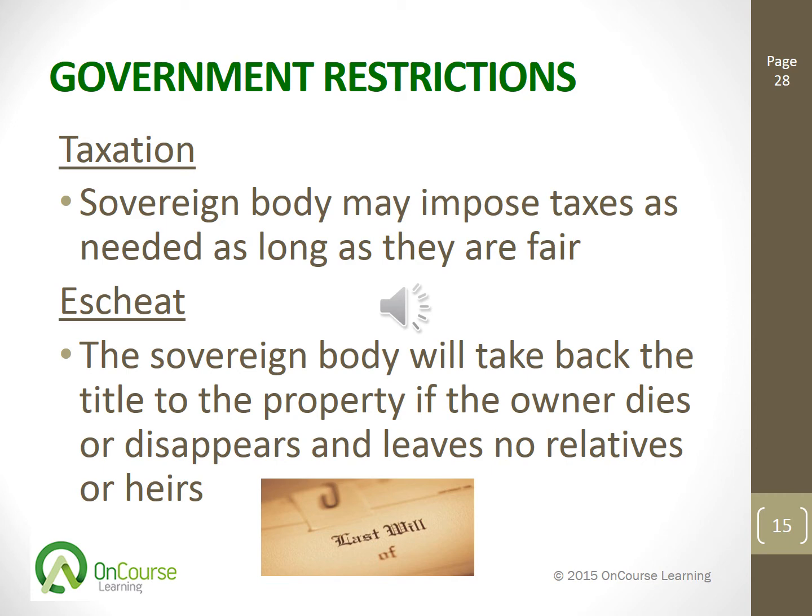Okay? So hopefully that keeps up with inflation, and hopefully it keeps up with your income. So that's how taxation works in California.